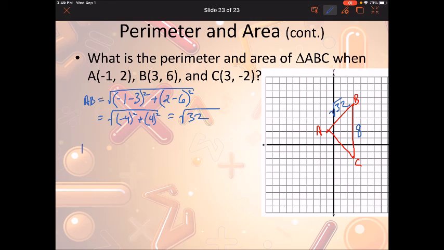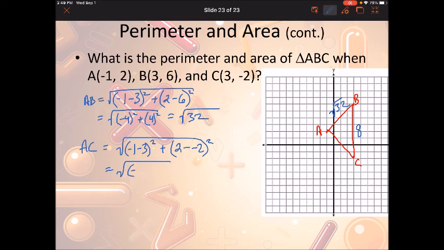And now I need to figure out AC. Again, we find the difference in my x values going from A to C. I have -1 minus 3 squared. And then I'm adding the change in my y's, 2 to a -2.